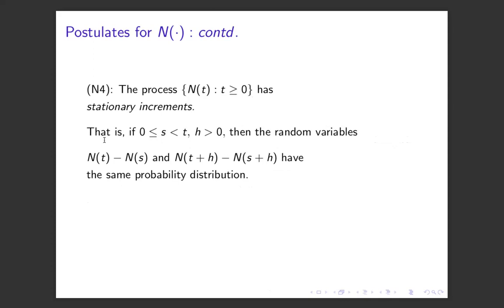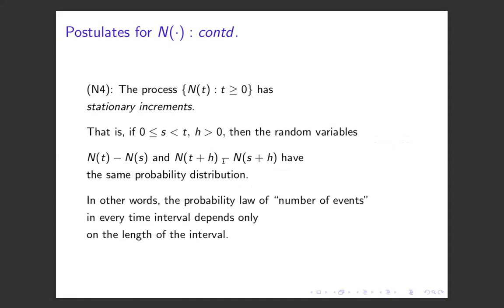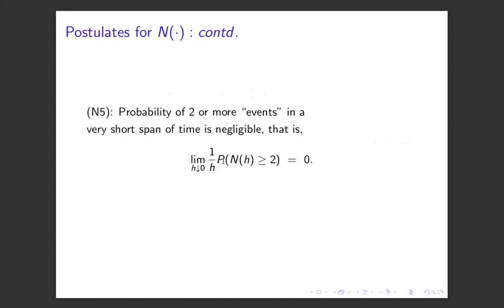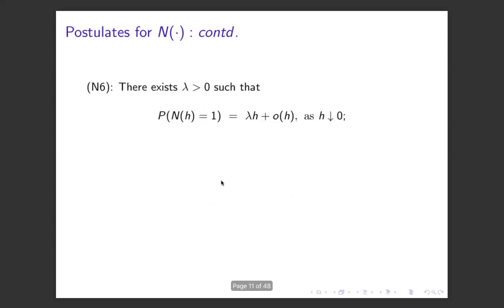This assumption is not very important. Rather, we can relax this. If we relax that, then N5 will again be the same, negligible probability of 2 or more events in a small time interval. Here we'll have to make a change: this lambda cannot be taken to be a constant.